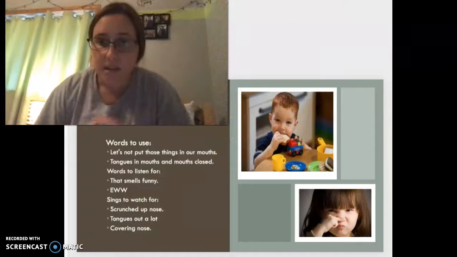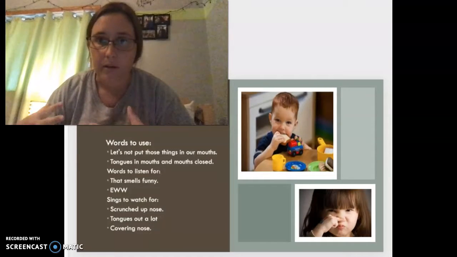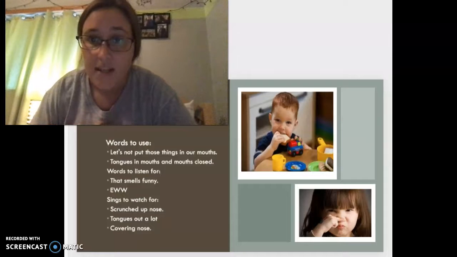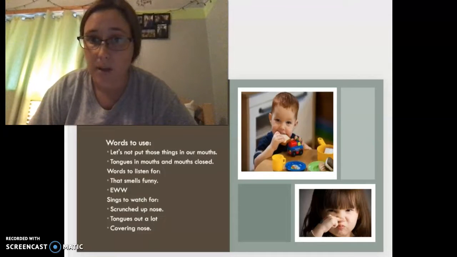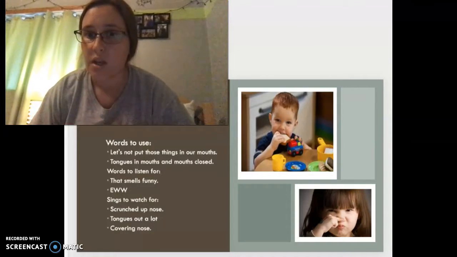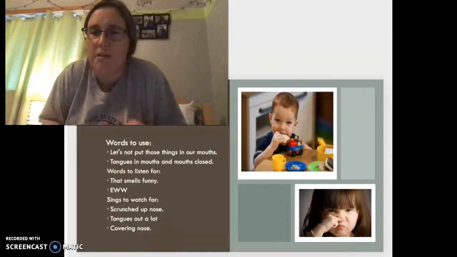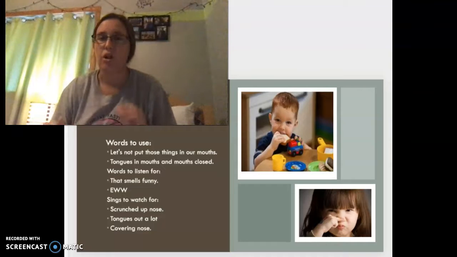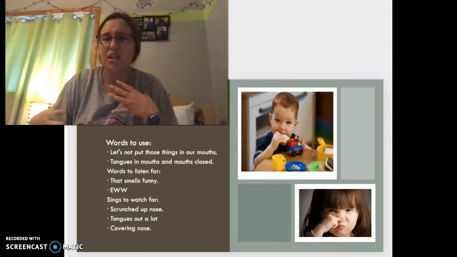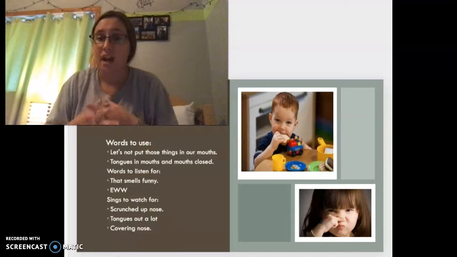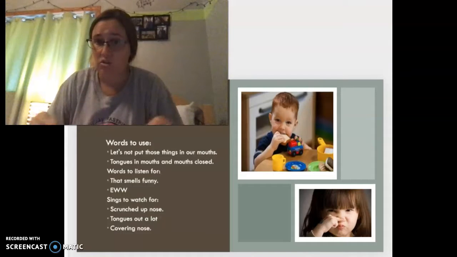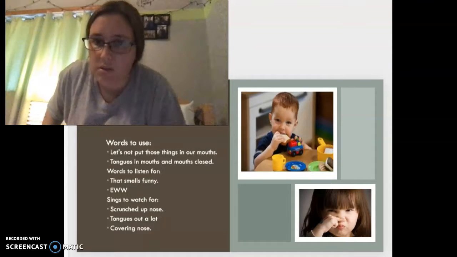Okay, smell and taste. Need to go a little faster, I'm running out of time. Let's not put those things in our mouths, tongues and mouths. This is words to use. The words, you need to tell them that it's not okay to do. Words to listen for: that smells funny, ew. Signs to watch for: scrunched up nose, tongues out a lot and covering their nose.